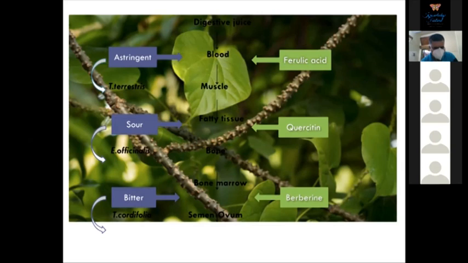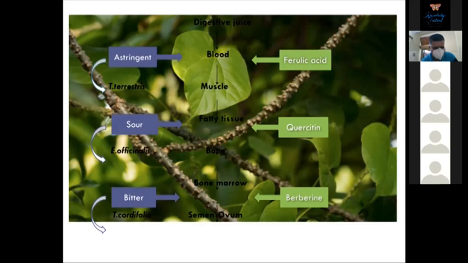Here, ferulic acid applies to the blood through the increase of erythropoietin. We will see in the next slide that ferulic acid can help to increase erythropoietin, which is a protein required for the increase of RBC production, also known as erythropoiesis. In the same way, quercetin and berberine are also applied in a respective manner.